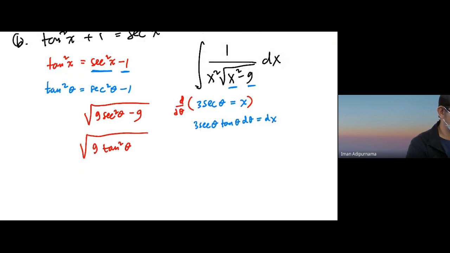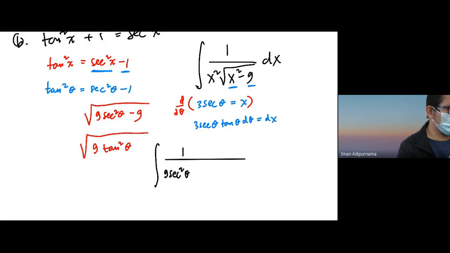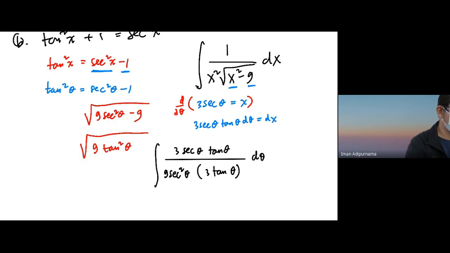So our integral becomes: x squared is 9 secant squared theta, and the square root of 9 tangent squared is 3 tangent theta, and the x becomes 3 secant theta. So 3 secant theta tangent theta d theta.